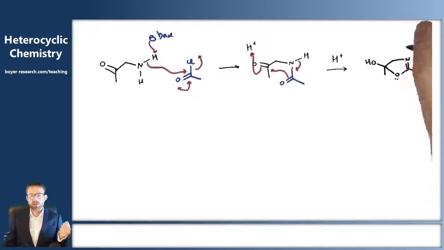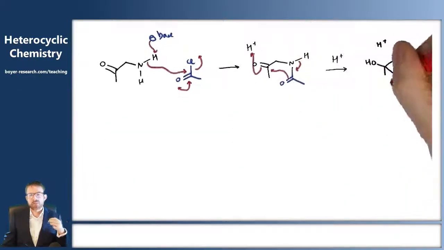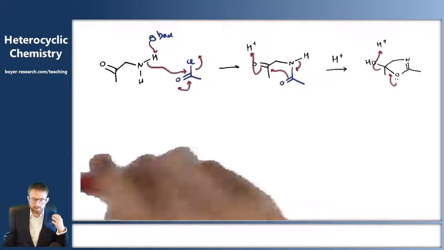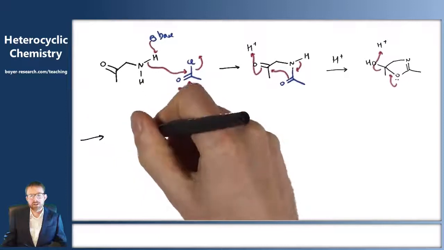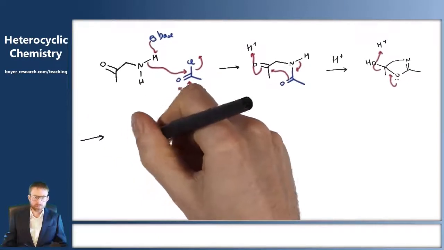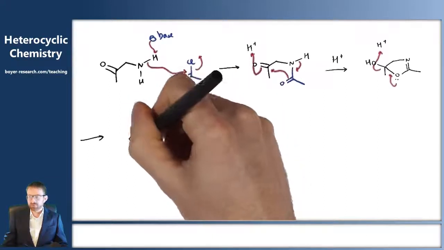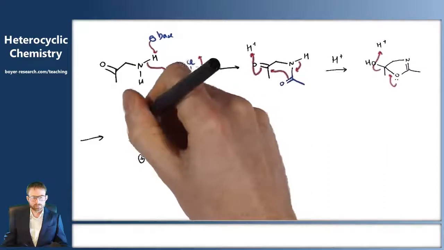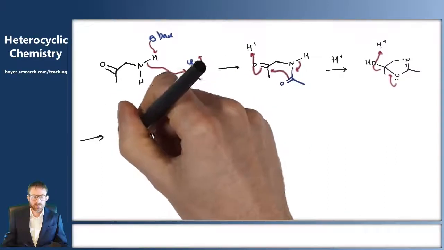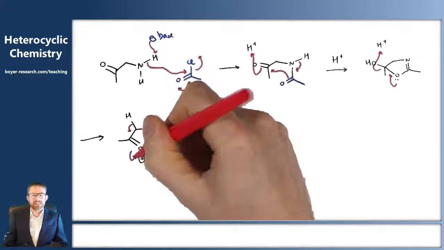Then our oxygen lone pair will promote the loss of water by kicking out our OH promoted by acid, and neutralization of the resulting oxonium species builds our aromatic system and completes the synthesis of our oxazole.